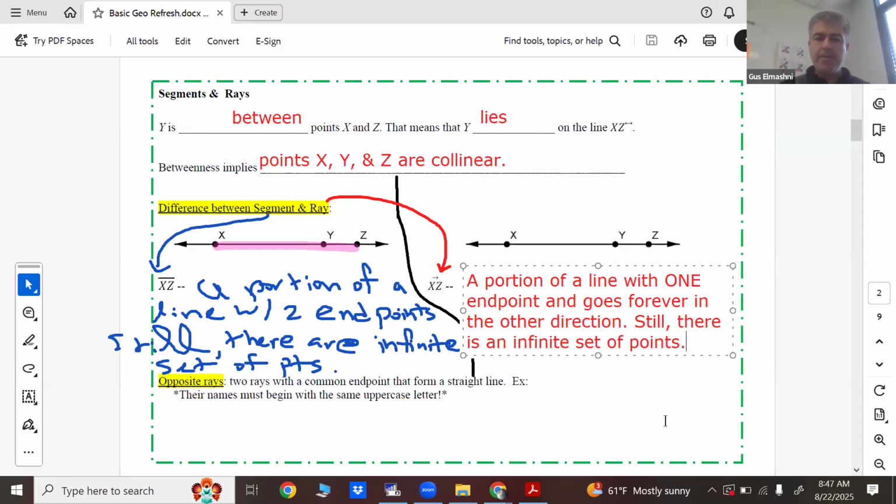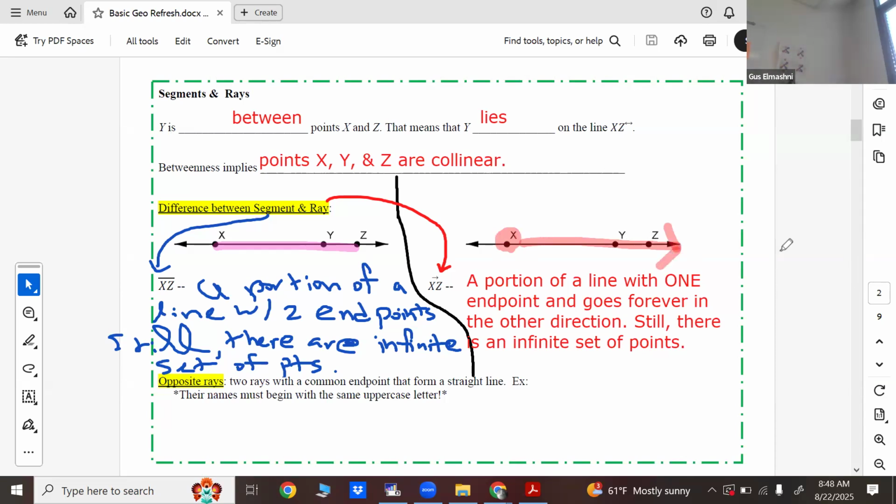There we go. So you start here. You start at X and go towards Z.